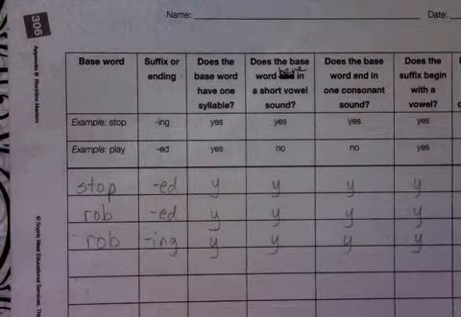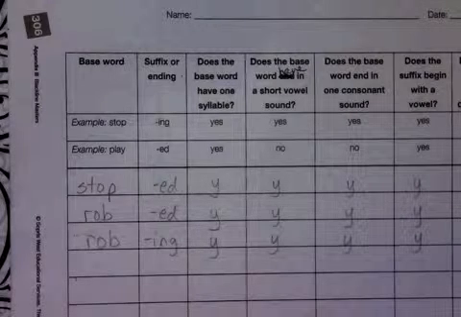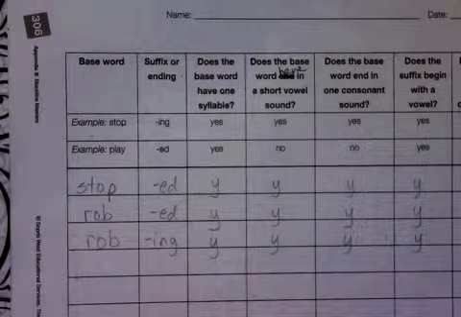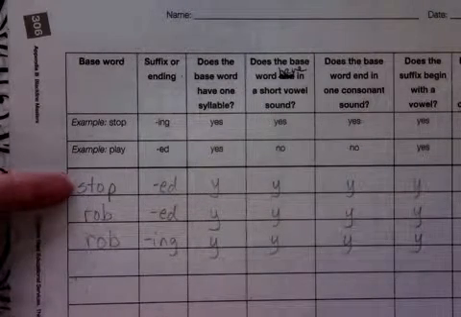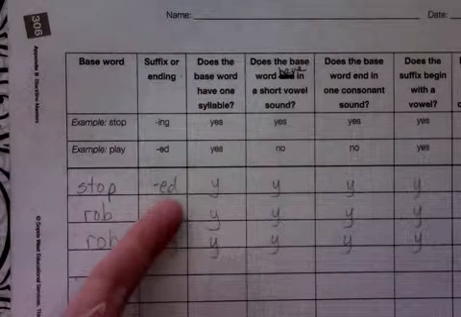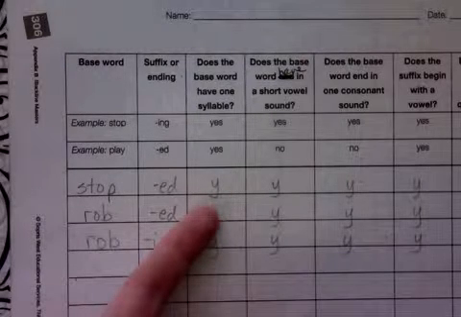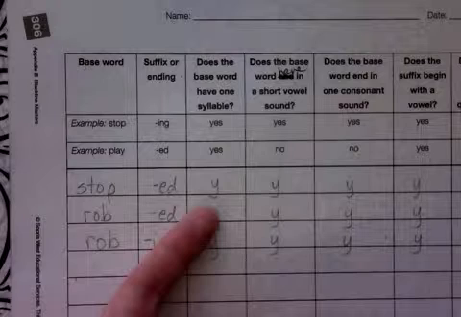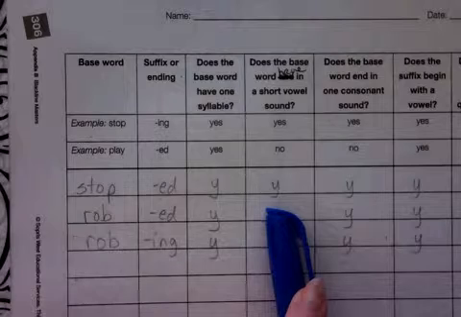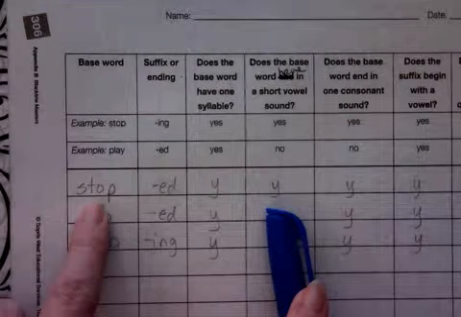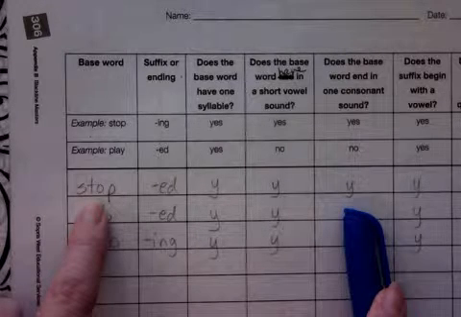Okay, so we have a base word. This is going to help us to know whether we're going to double the final consonant of the base word before we add the suffix ending. So here is our base word, stop. We're going to add the ed ending. Does the base word have one syllable? Yes. One vowel sound, so it has one syllable. Does the base word have a short vowel sound? Yes, it has the ah. Does the base word end in one consonant sound?